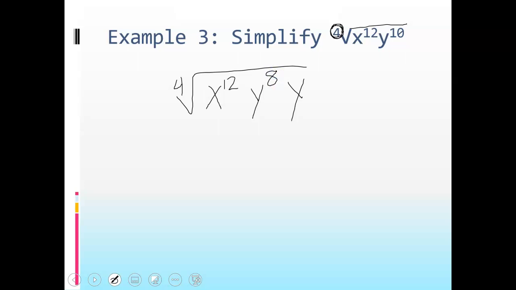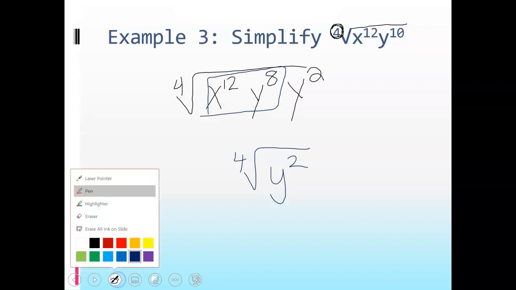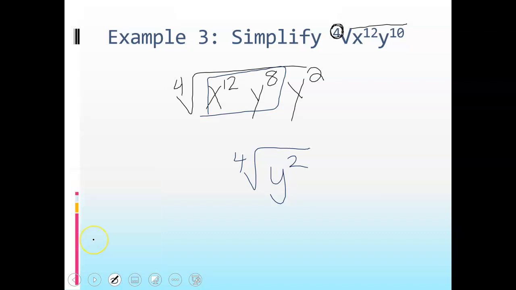So if I make it y to the 8, how many y's do I have on this y? 2. So now what you do is you simplify what divides by 4, and what doesn't stays inside. So y squared is going to stay inside that 4th root. Outside is going to be what? y to the, perfect.